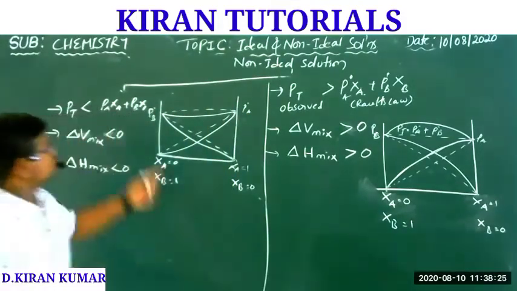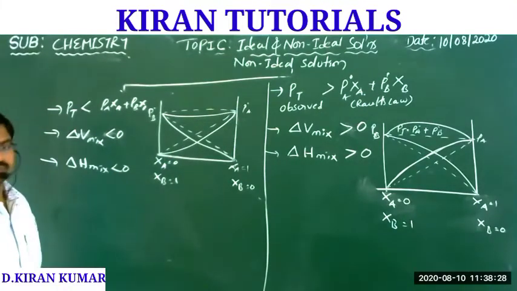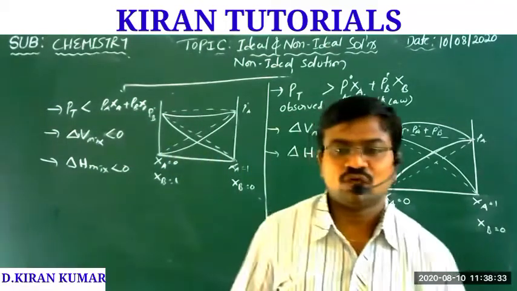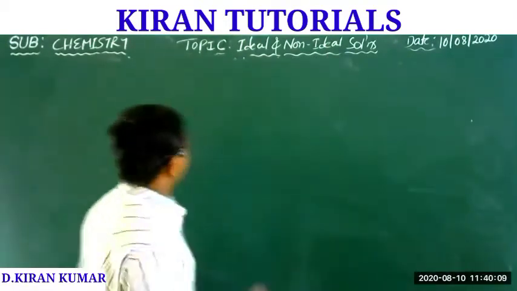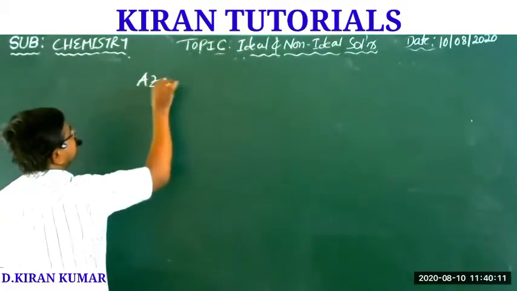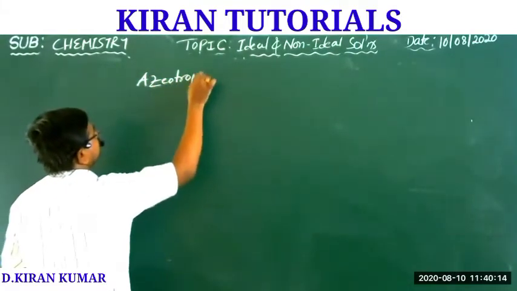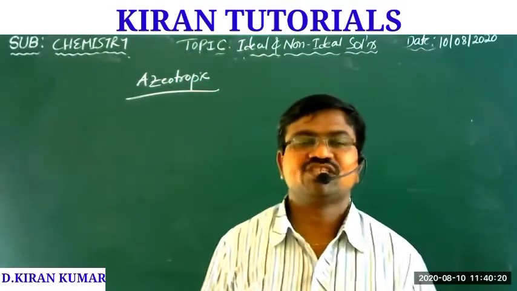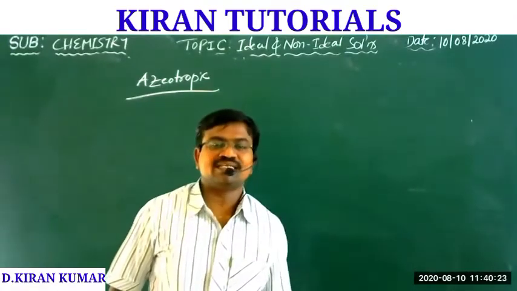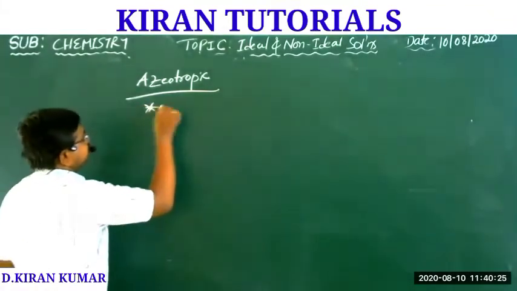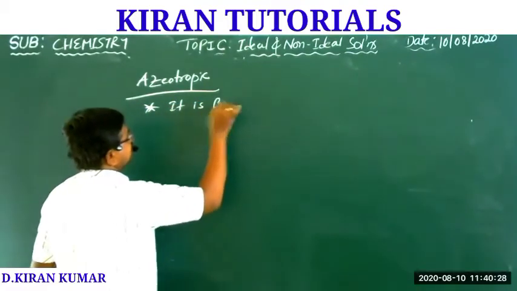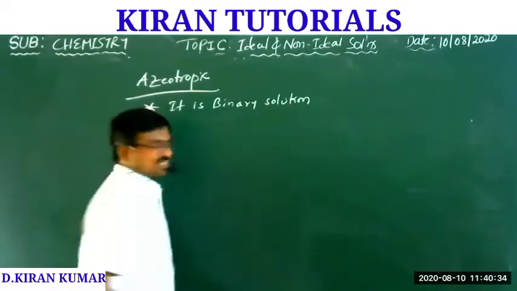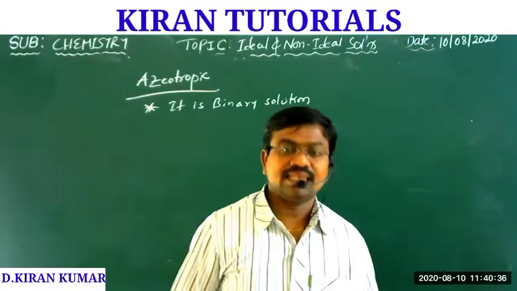Clear? So that's about the non-ideal solution. That is about ideal and non-ideal solution. Azeotropic. What does azeotropic mean? The first thing, an azeotrope is a binary solution, meaning both solute and solvent are liquid.